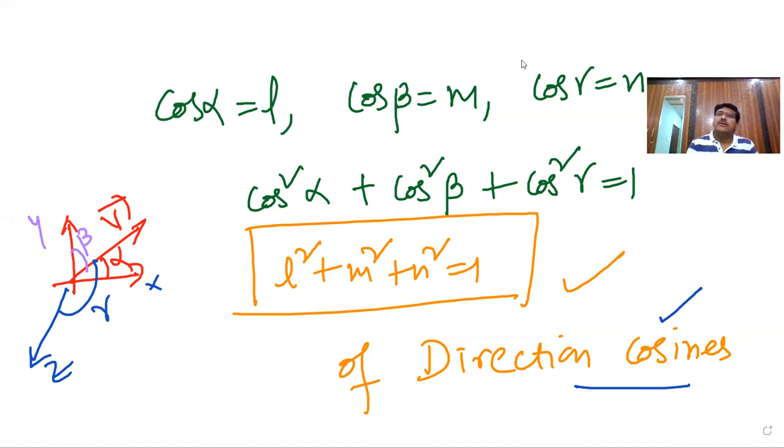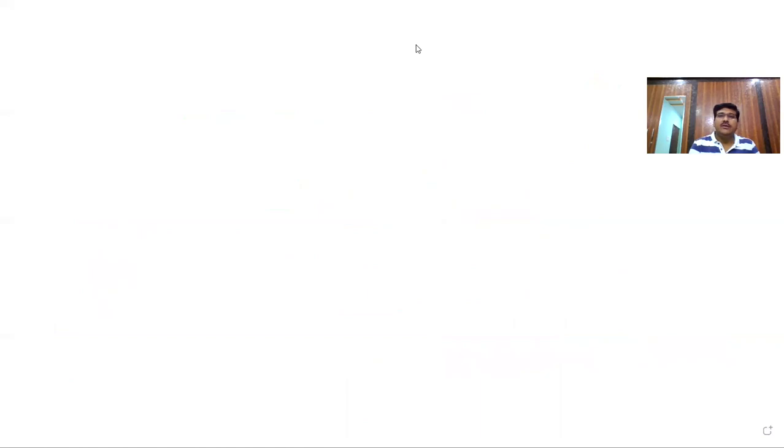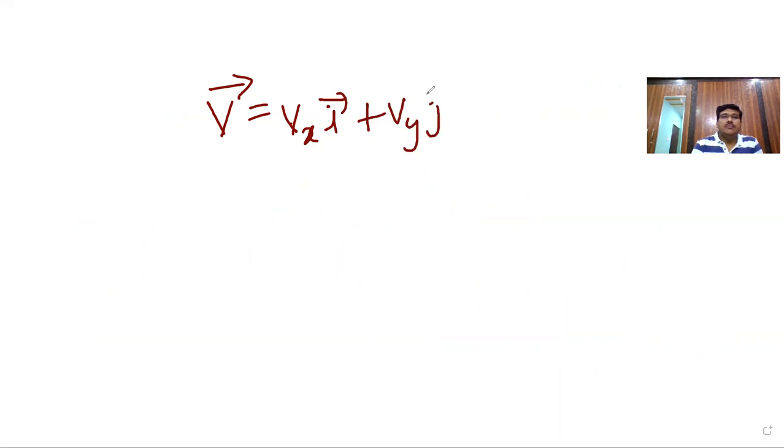Now come to the question related to the bird. What does it say? The velocity vector V, that is Vx i bar plus Vy j bar plus Vz k bar, is the velocity vector we have shown here.